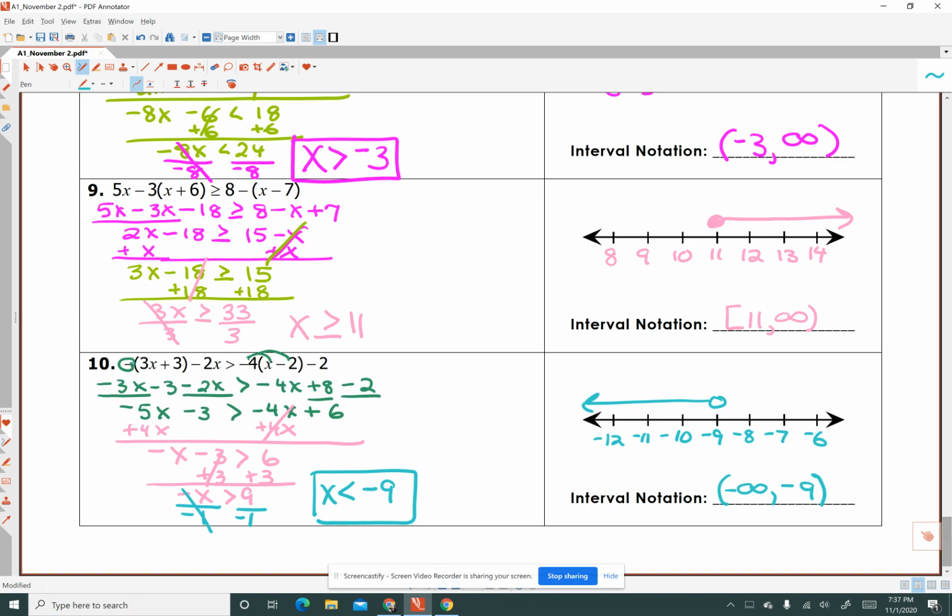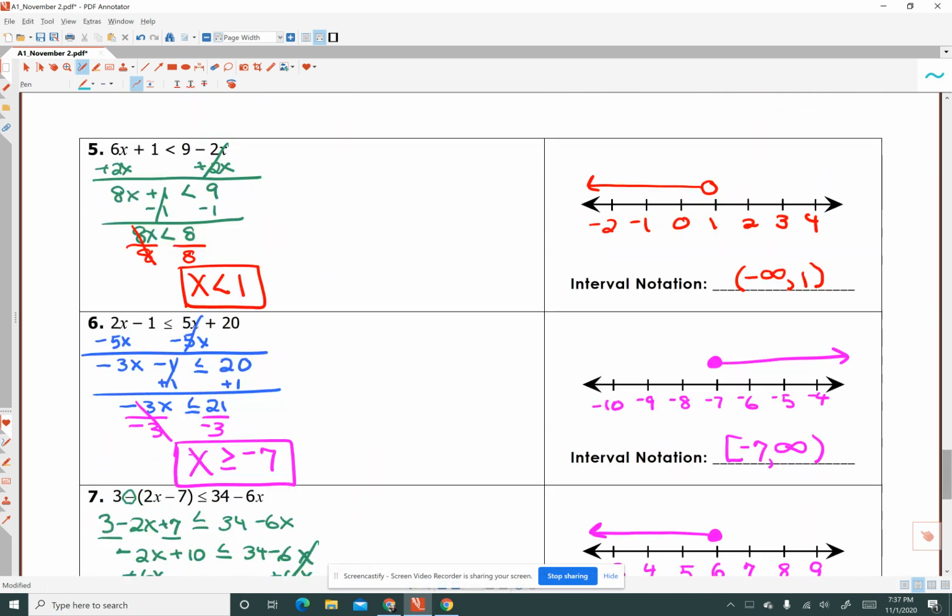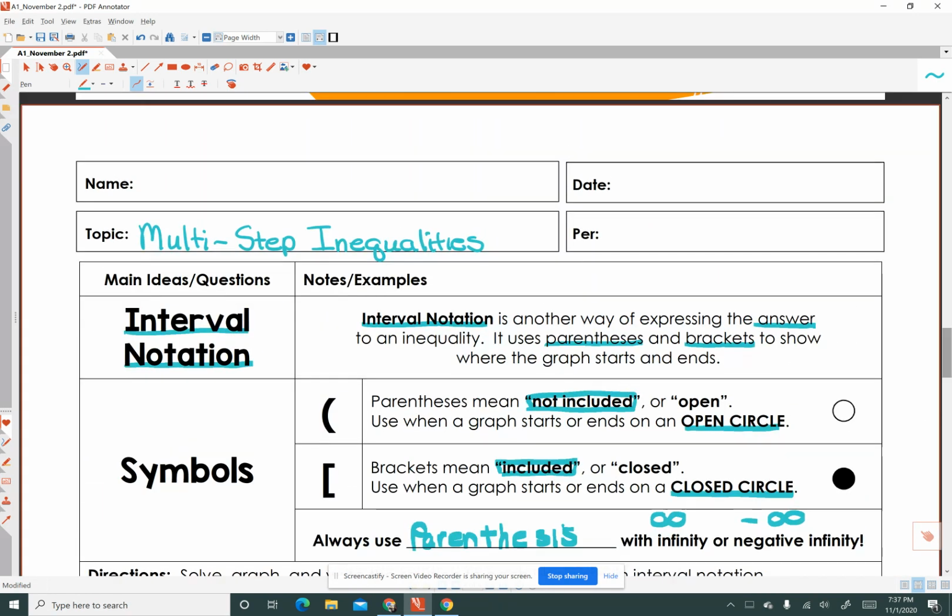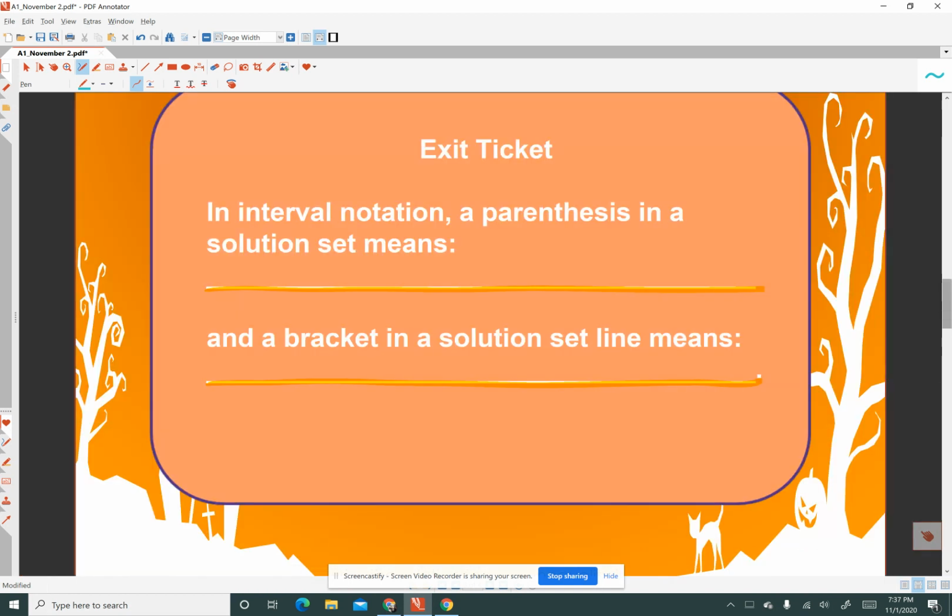Let's go back to that do now. In interval notation, okay? So what did we do here? In interval notation, what does the parenthesis mean and what does the bracket mean?